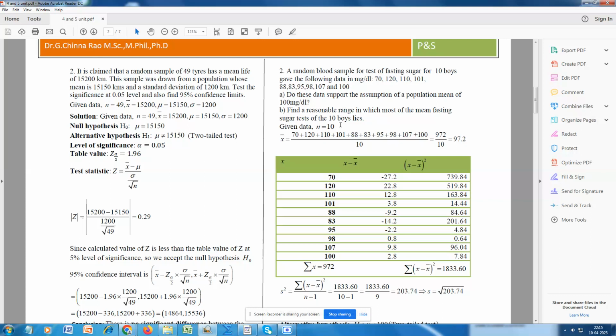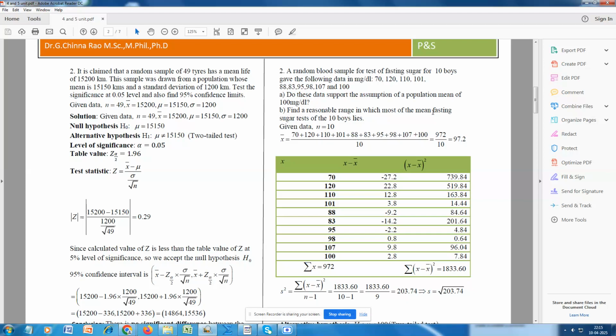Okay, here the question is: a random sample for test of fasting sugar for 10 days gave the following data in mg per dl: 70, 120, 110, 101, 88, 83, 95, 98, 107 and 100. Do these data support the assumption of a population mean of 100 mg per dl?